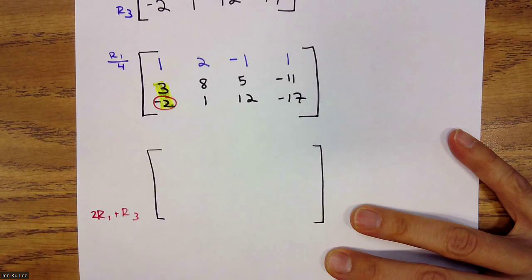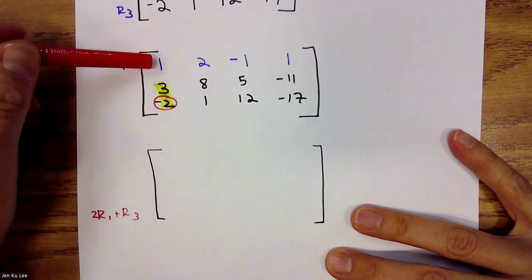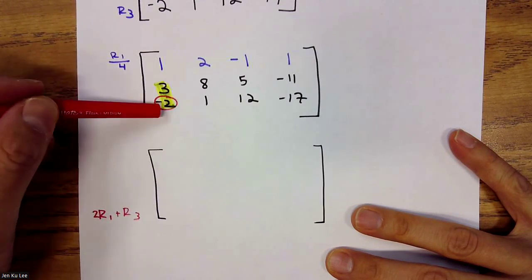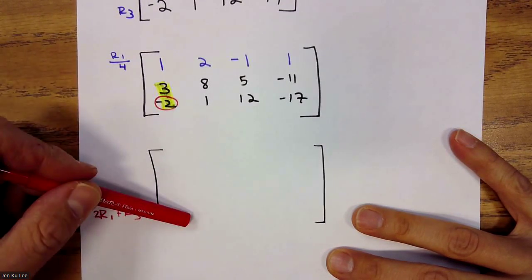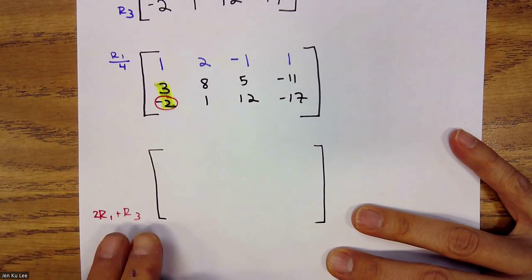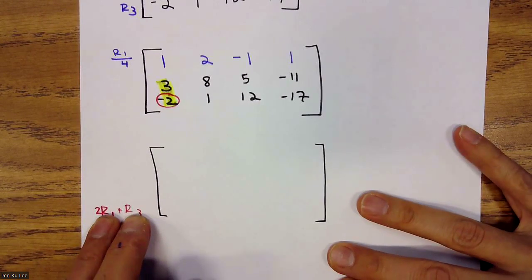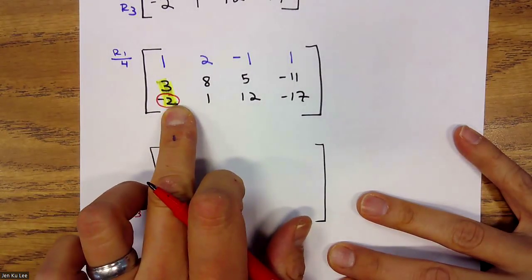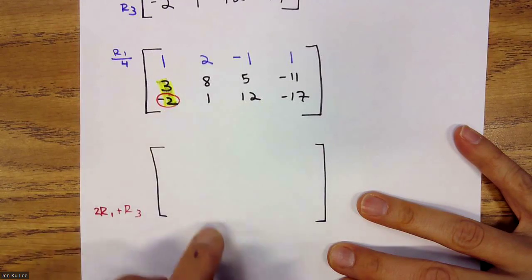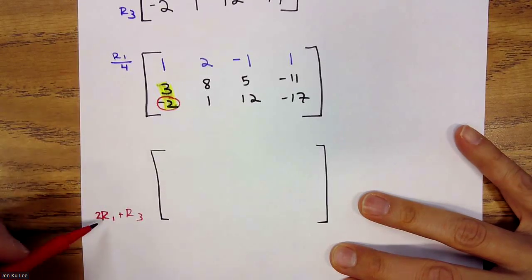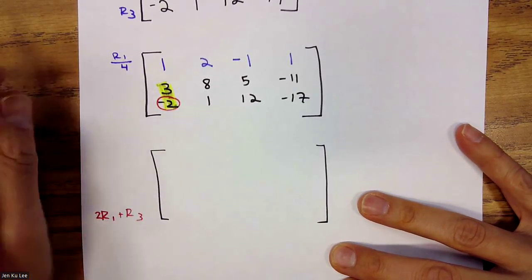If I multiply 2 times 1, that's 2, plus -2, that's a 0. So if I use this as my base equation, I can make this -2 a 0. Questions on that? No? So let's perform that.